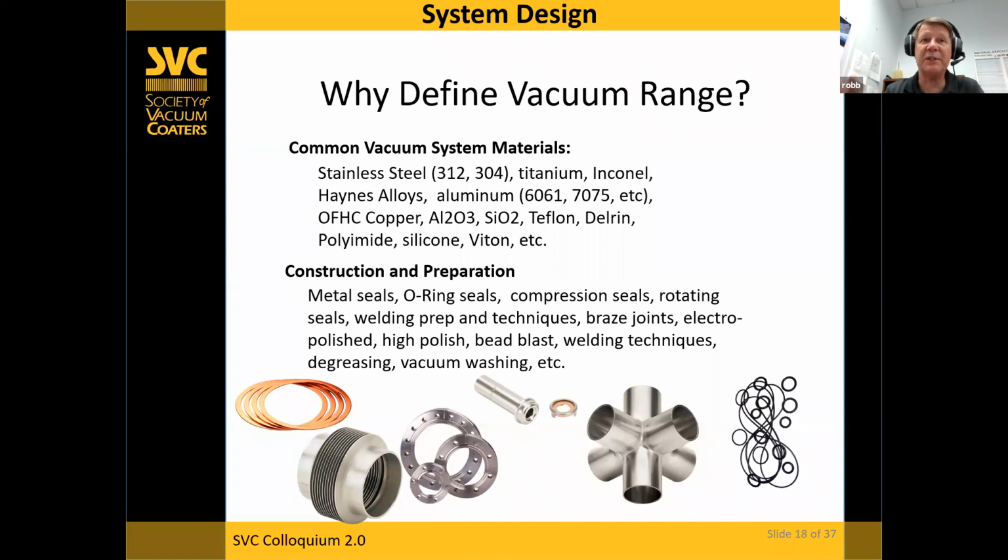What can you use in yours, or what do you want your system made out of? Well, it's defined by the vacuum range. Also, will you require metal seals, or are O-ring seals good enough? Compression seals, rotating seals, welding prep techniques. All these go into vacuum system construction, and which ones you use are really defined by the vacuum range that you choose.